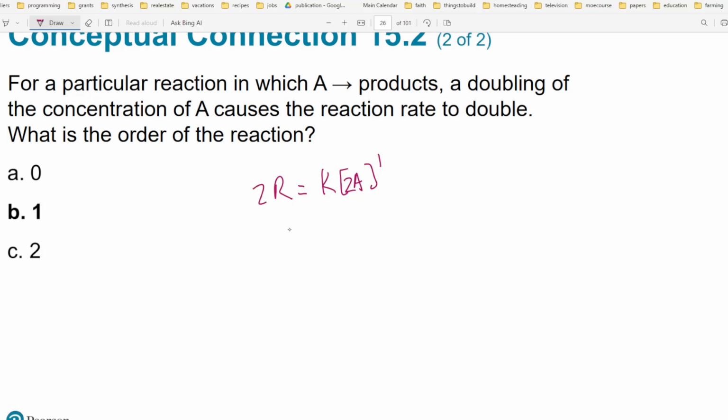If we had a rate of, let's say, 4, equal to some k times A to the first power, then if we doubled A, that would have the effect of changing the rate to 8, right? Because it would be like multiplying by 2. So the order of the reaction is first order.